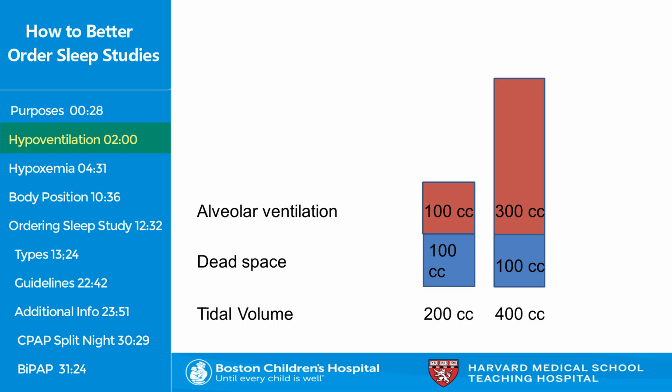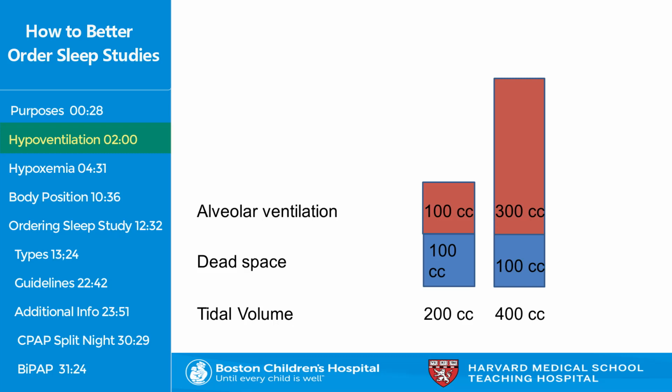And so that determines her ventilation. If her breathing becomes more shallow, either because of chest wall deformity, for example, or because of medications which suppress the respiratory drive, and her tidal volumes drop from 10 cc to 5 cc, the dead space remains the same. That doesn't change, but the alveolar ventilation drops by 2/3.